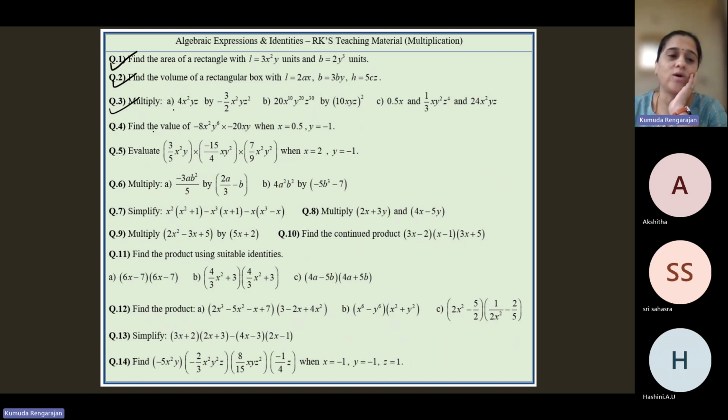Okay, 3A alone. Online children will work the first, second, and the third one. Please take down the question and then work the answer.